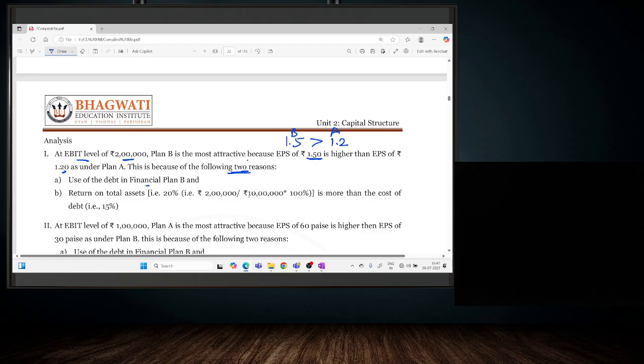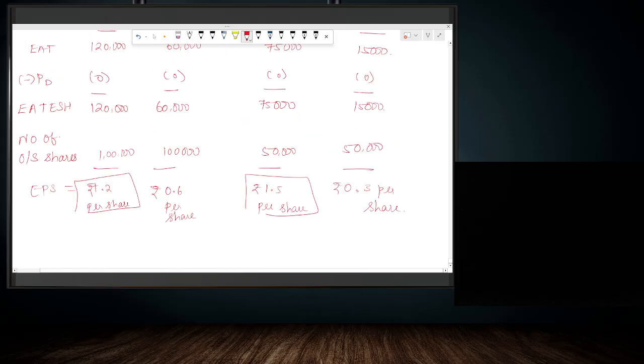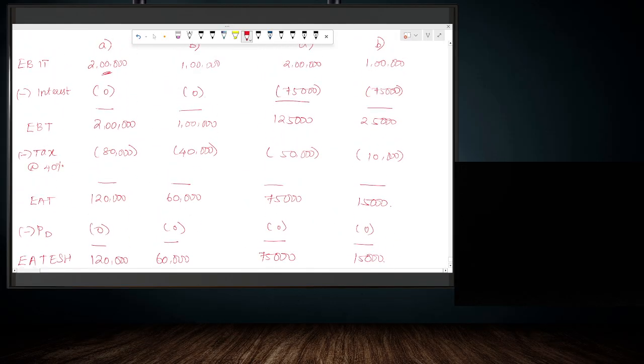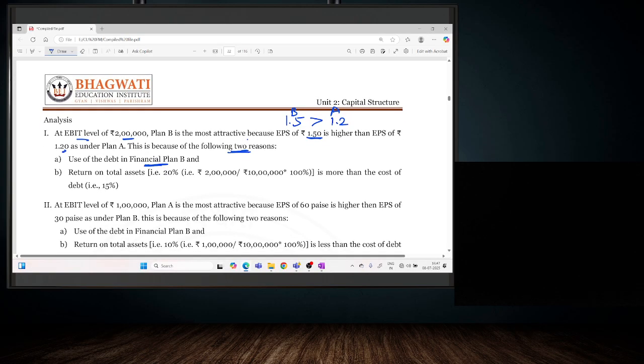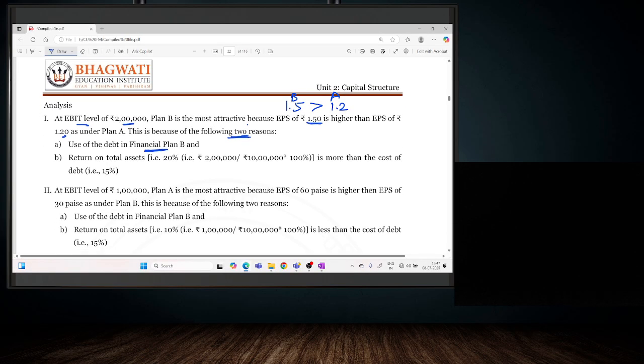First, use of debt in financial plan B. If you are using debt, you are making use of the cheaper source of finance, right? On debt you are going to pay interest. What is the amount of interest paid by the company in this question? 75,000. Because of paying interest to the debenture holders, they are going to get tax benefit, right? But if you are not taking debt, you will not get any tax benefit.